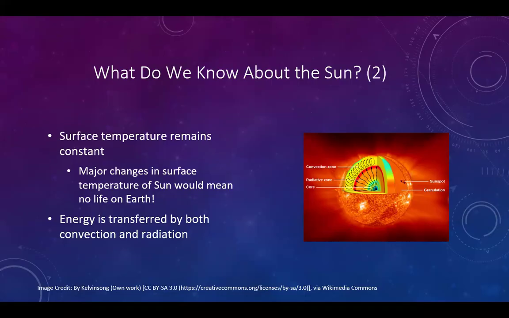So we know it can't have changed that much. So we can put limits on how much the sun's output has changed. And we also know that energy will be transferred both by convection and radiation. We know it's going to happen by radiation because you cannot stop energy transfer by radiation. And we can tell that it's happening by convection by looking at the surface of the sun.